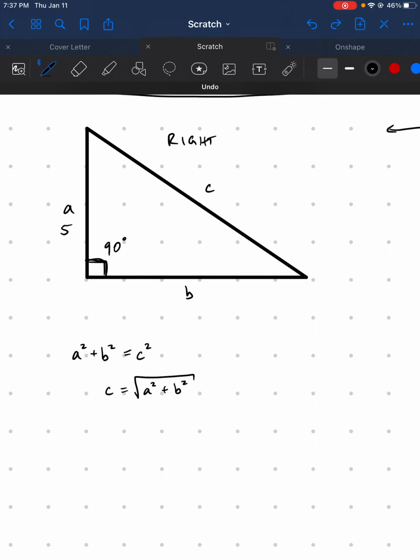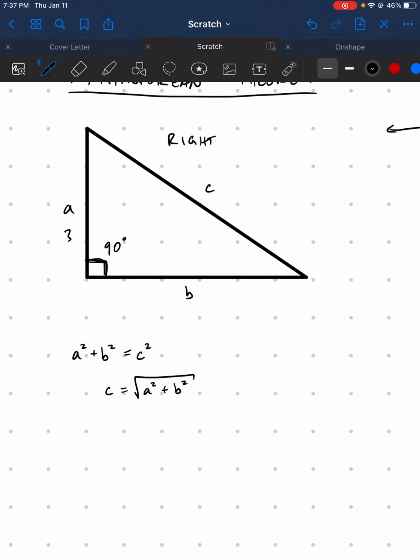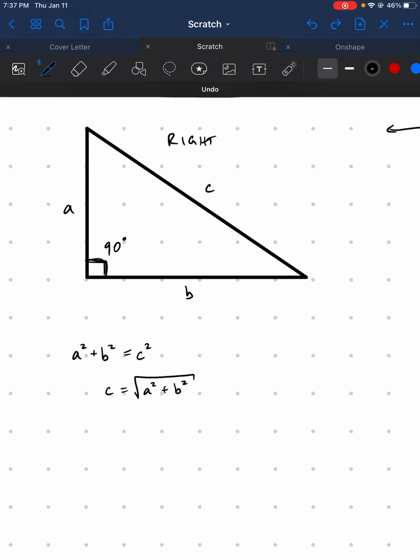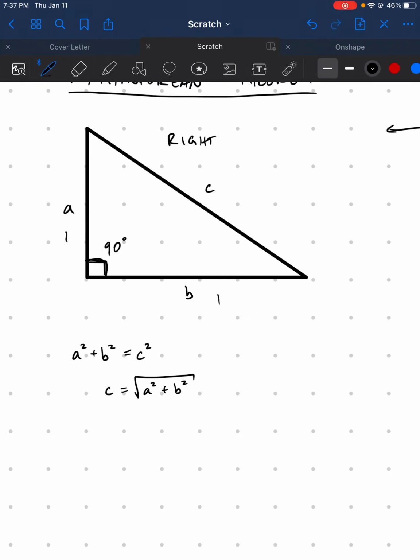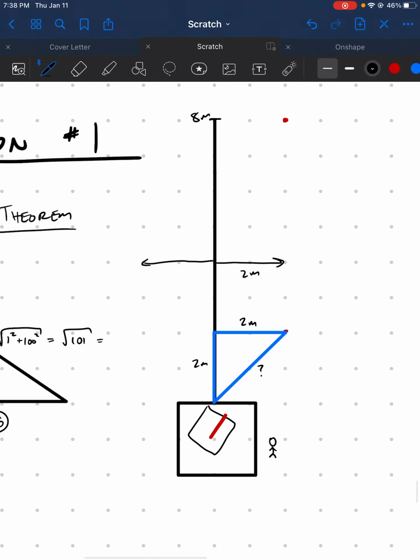But this could be 3 and 4 and 5, or this can be like 1, and this could be 100, and this would be the square root of 1 squared plus 100 squared, right? Which is 101, which is very close to 100, right? So the further apart these get, maybe the less it matters, right?